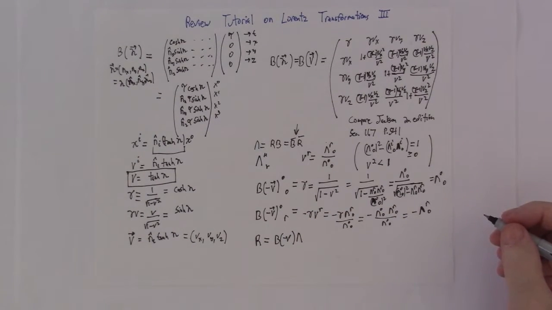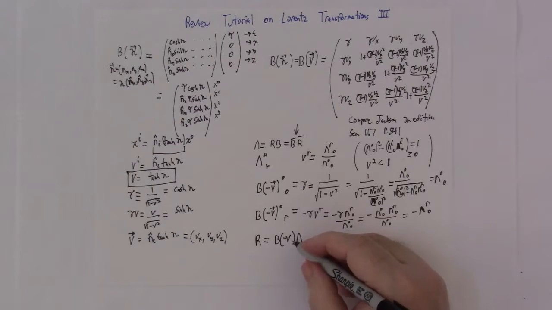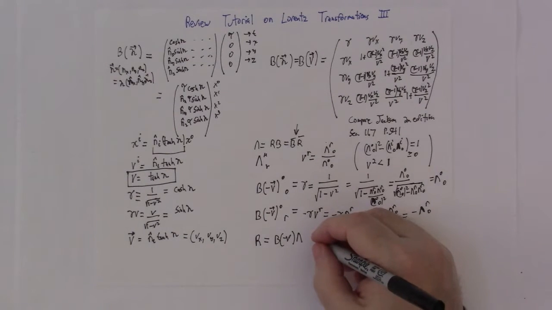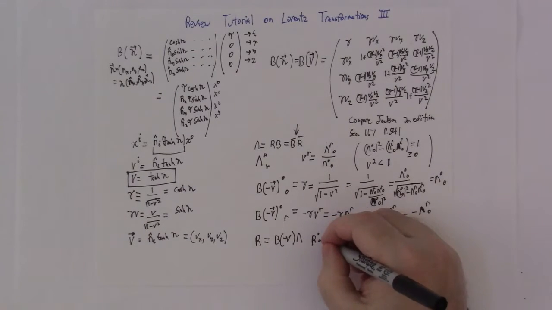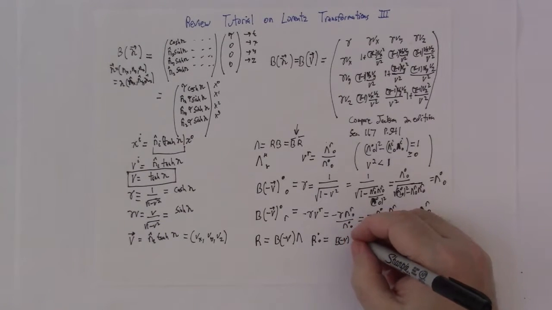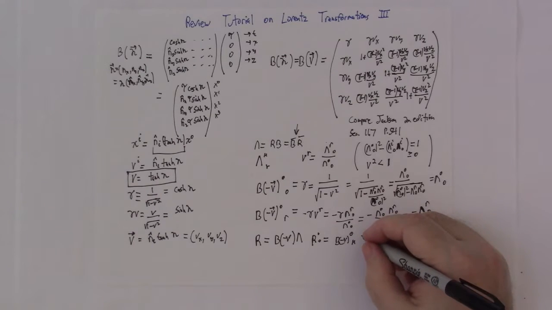Now, the Lorentz transformations is a group, and so the product of two Lorentz transformations is itself a Lorentz transformation. Now, let's calculate the 0, 0 component of R. This is equal to b minus v 0 mu, just matrix multiplication here, lambda mu 0.